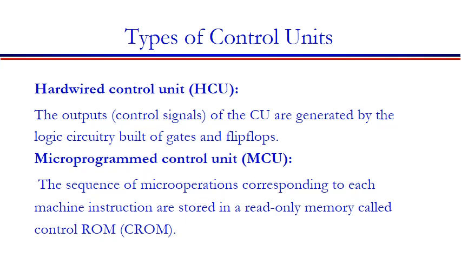All the information related to the instructions is stored in this read-only memory, the CROM. Whatever instruction is given to the system, the MCU generates different control signals depending upon the nature of the instruction. So all the information related to the instructions is saved in this read-only memory.